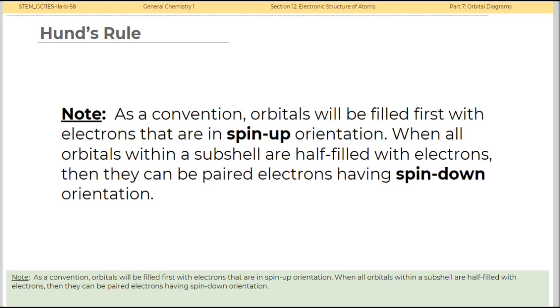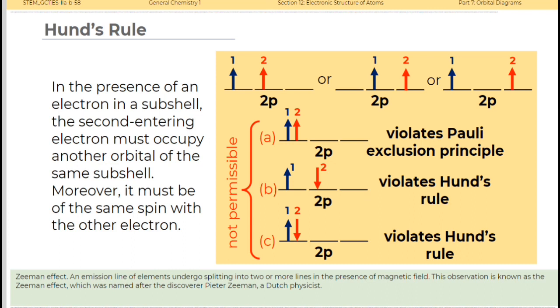Take note that as a convention, orbitals will be filled first with electrons that are in spin-up orientation. When all orbitals within a subshell are half-filled with electrons, then they can be paired with electrons having spin-down orientation. In the presence of an electron in a subshell, the second entering electron must occupy another orbital of the same subshell. Moreover, it must be of the same spin as the other electron.